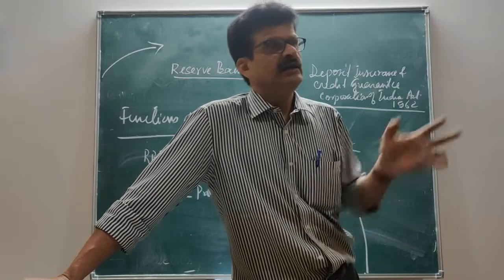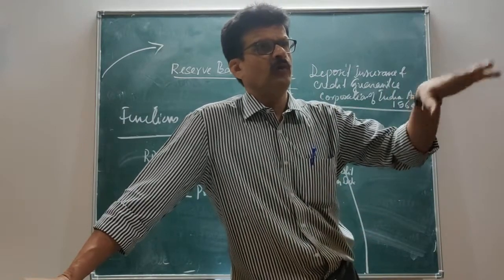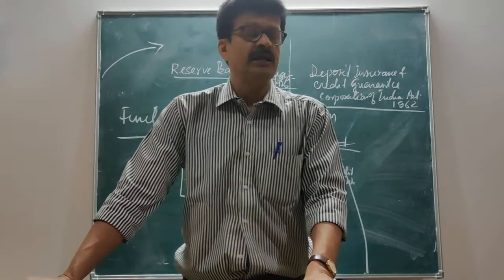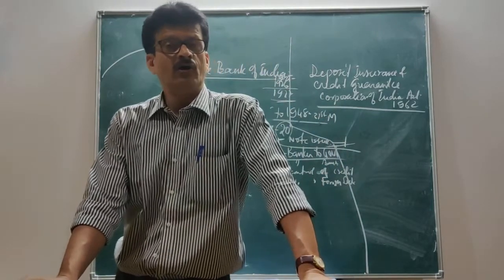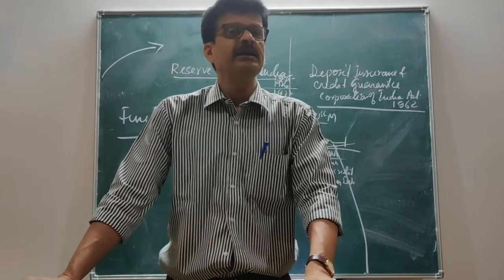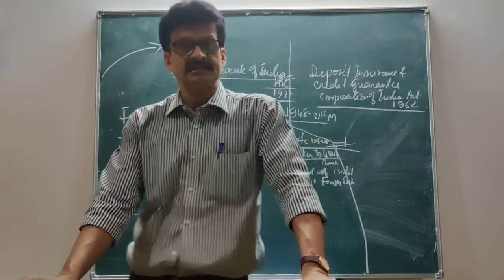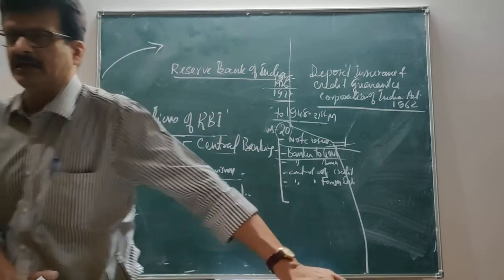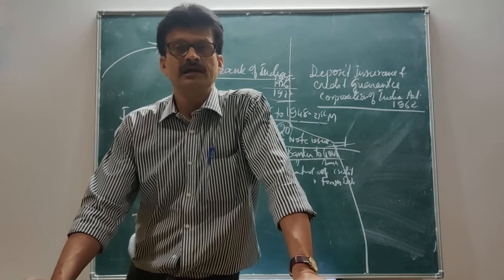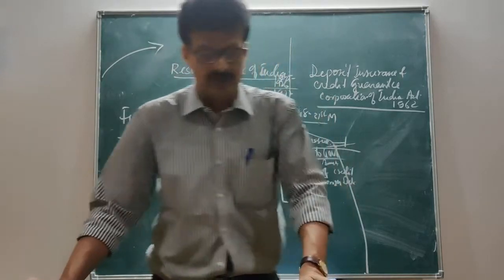Whether banks adhere to banking laws, so that failure of banks may be very, very less. If any bank or banking institution fails, it is a threat to our economic growth, a threat to our economy as such.